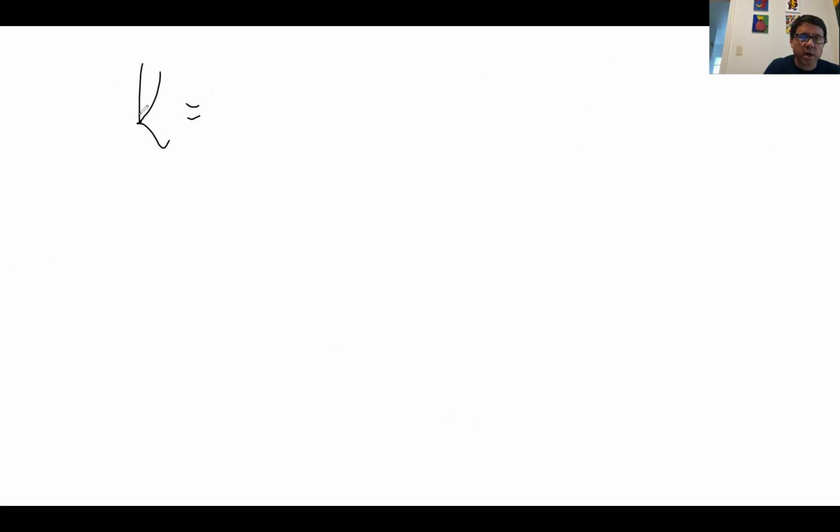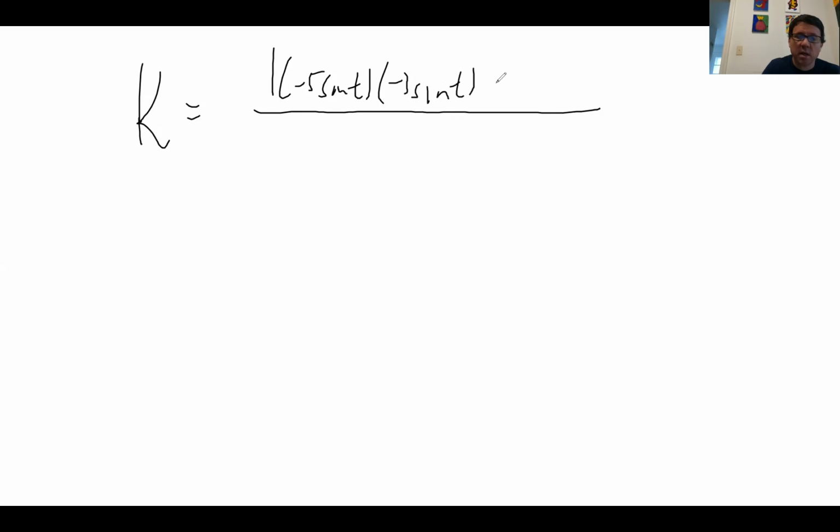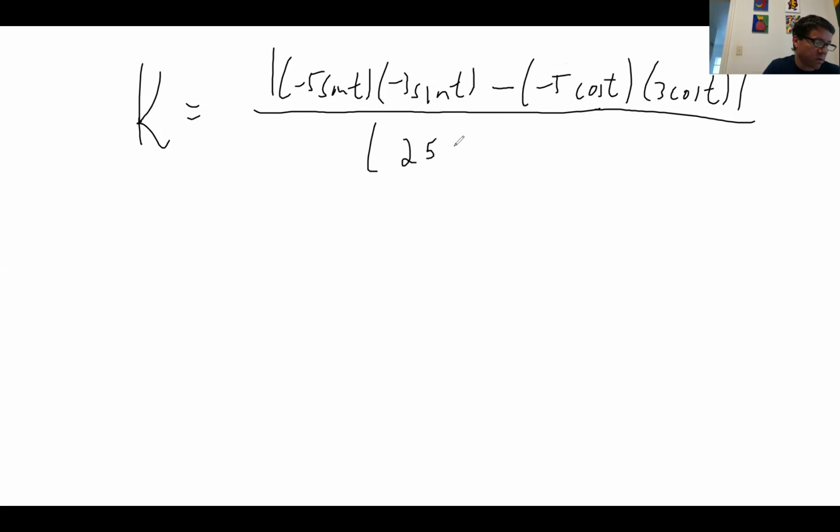For curvature, there's a couple different formulas, but one of them is that x prime, y double prime minus y prime x double prime thing. So you'll get minus 5 sine t times minus 3 sine t, minus 5 cosine t times 3 cosine t, all over, and then it's the thing we just already had, so 25 cosine squared t plus 9 sine squared t, and then to the 3/2 power.